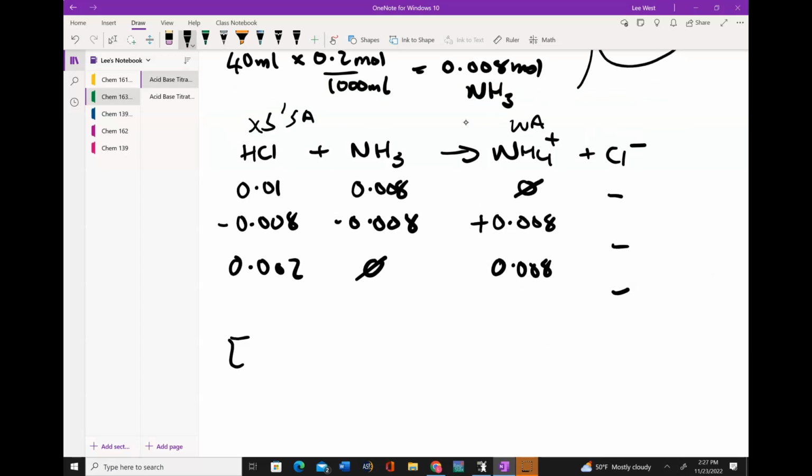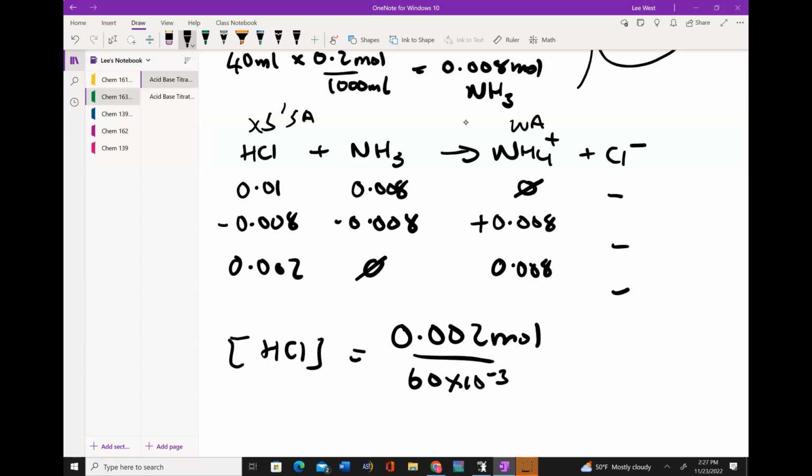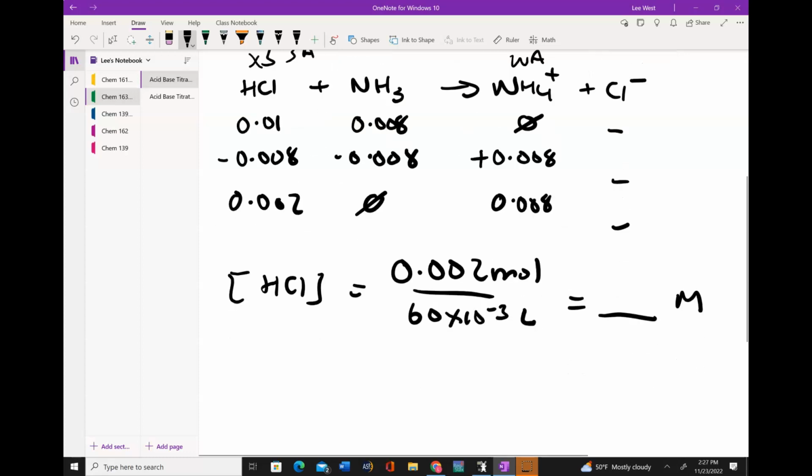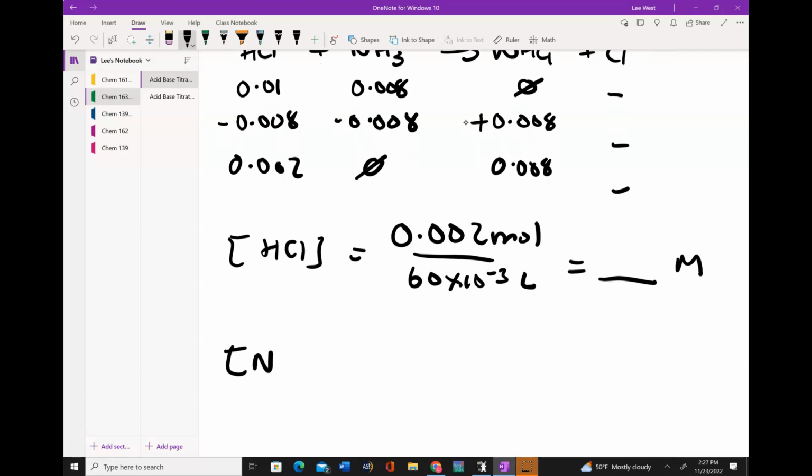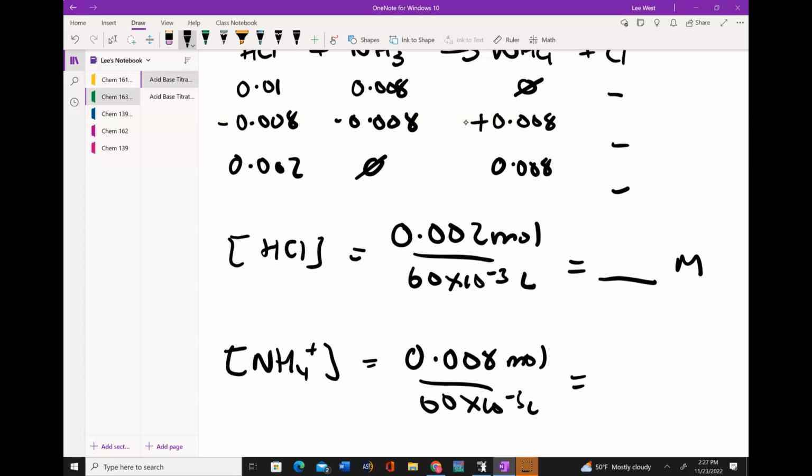So the concentration of our strong acid in this case is going to be 0.002 moles in 60 mL. And then the concentration of our weak acid will be 0.008 moles, and that's also in the 60 mL.